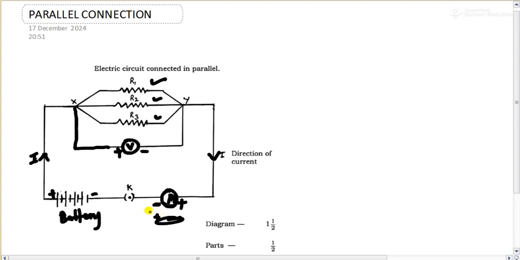It's also there in your book, so you can refer to it. For the diagram we have 1.5 marks, and for the parts just half. So try to learn the series connection as well. Even that is very important. Got it? Are you guys getting it?